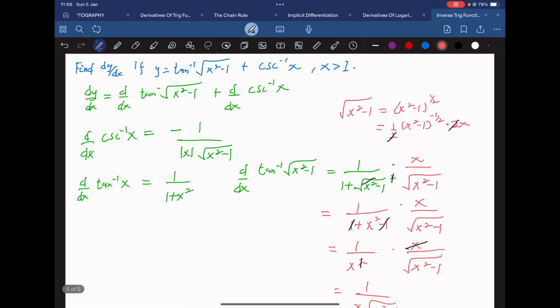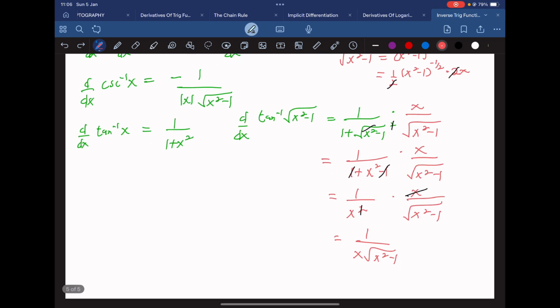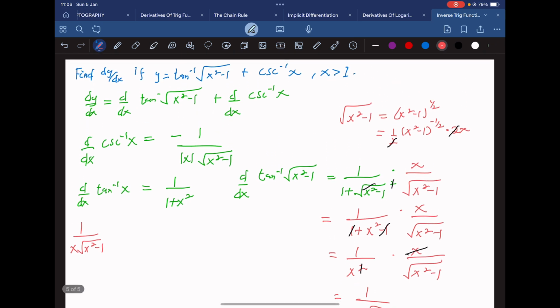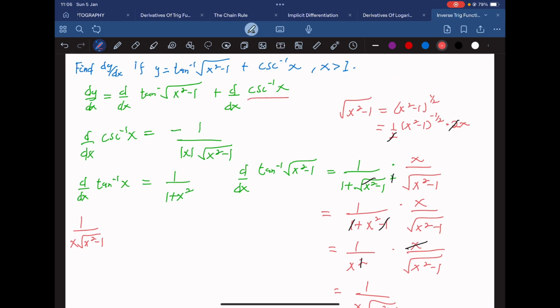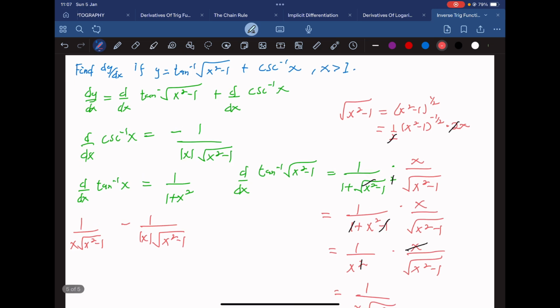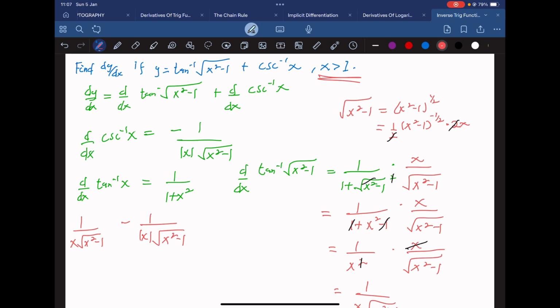So combining both terms, when we differentiated this, we had 1 out of x root of x squared minus 1. And when we did for this, we had this right here. So we have minus 1 out of the absolute of x root of x squared minus 1. But note, our x is positive.